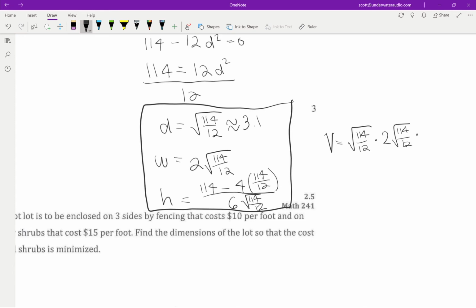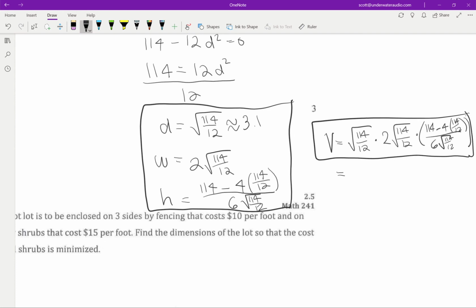And then this horrible thing that is H, which is 114 minus 4 times 114 over 12, all over 6 times the square root of 114 over 12. And that looks horrible, but that's something that you could just put into your calculator. You could also leave it as is. This is technically a correct answer, although you'll probably want to put units in.